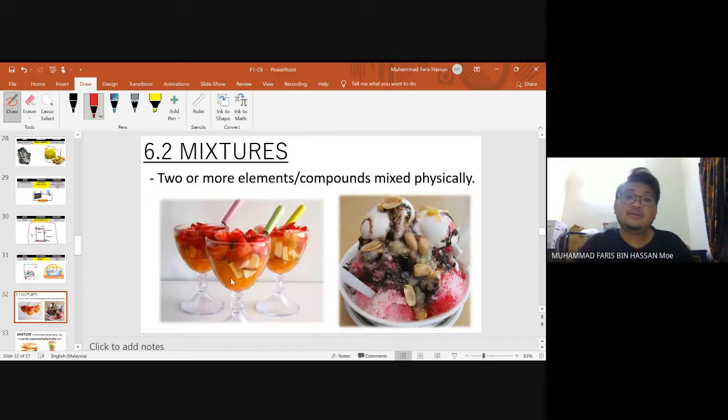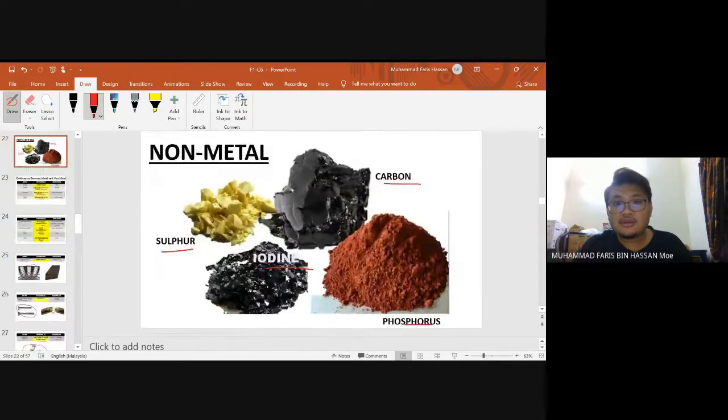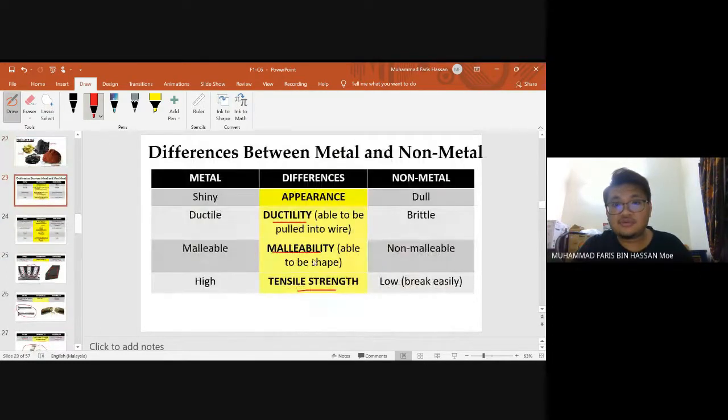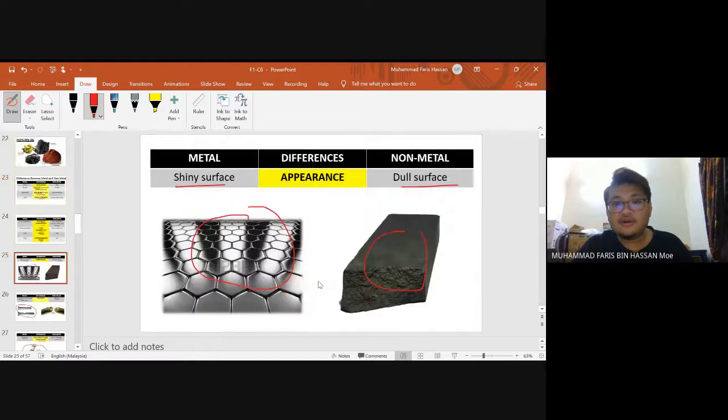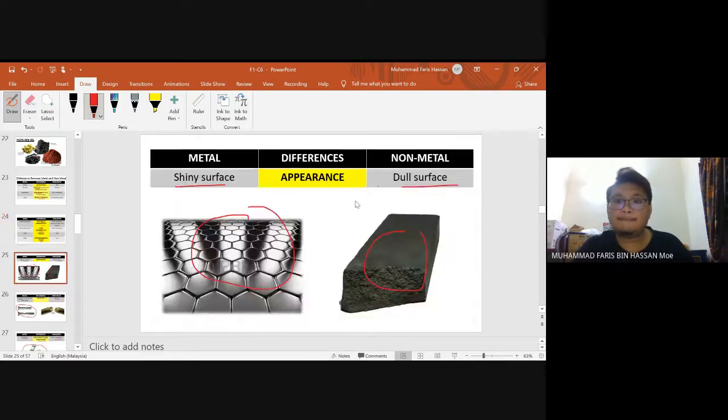Okay, so that is the eight differences between the metals and non-metals.